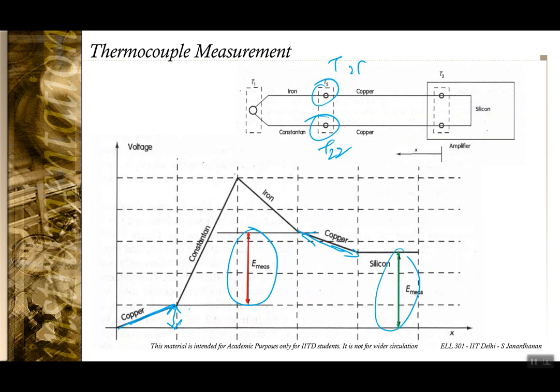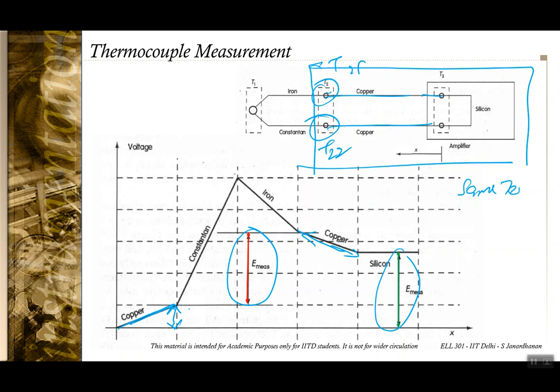So to be able to reliably use the thermocouples, while there is a practical necessity that we may have to add up new junctions into the circuitry, it is always advisable to keep the entire measurement circuitry at the same temperature, because we may not know whether these two are kept at the same temperature.